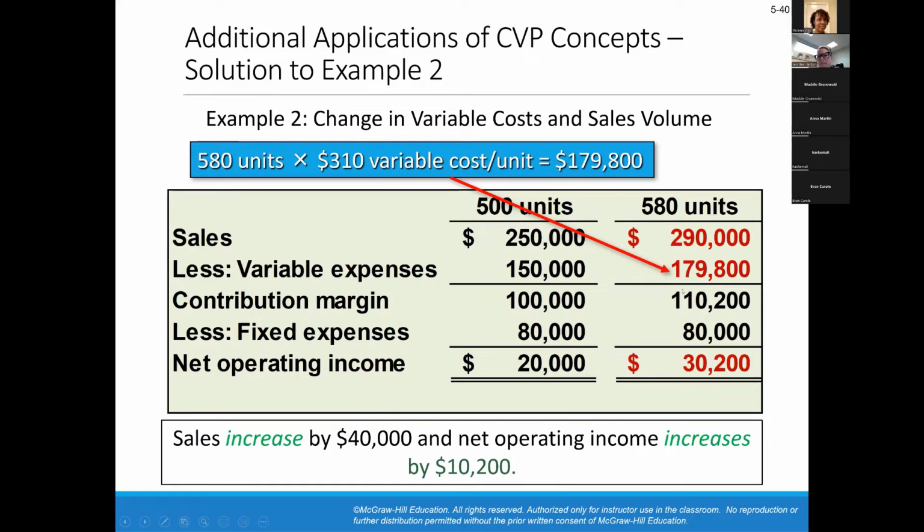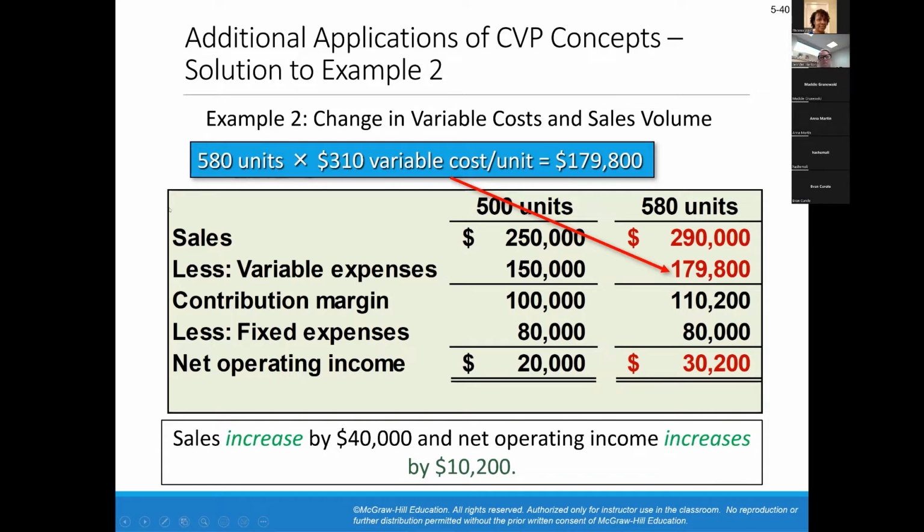That stayed the same. So now our contribution margin is 110,200 less 80,000 in fixed. Now our net operating income goes up to 30,200. So we increased our sales by 40,000 and we increased our net operating income by 10,200.